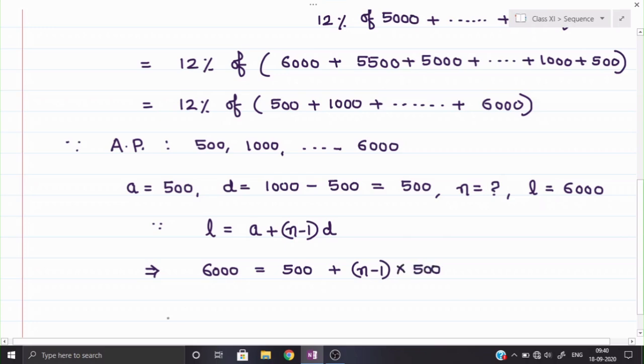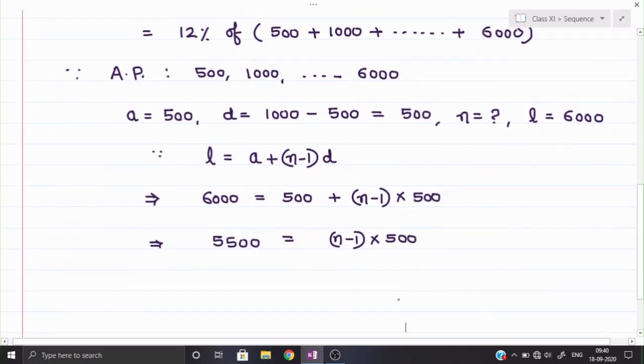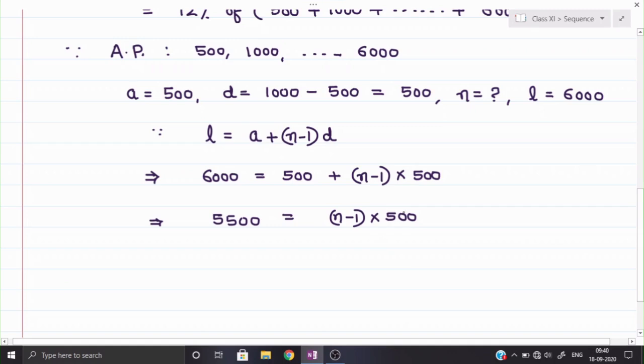Now from 6,000, first of all subtract 500, remaining is 5,500 is equal to N minus 1 into 500. Now let us divide 5,500 by 500. These two zeros and these two zeros cancel. 5 ones are 5 and 5 elevens are 55. So after solving it, the value of N will be 12.